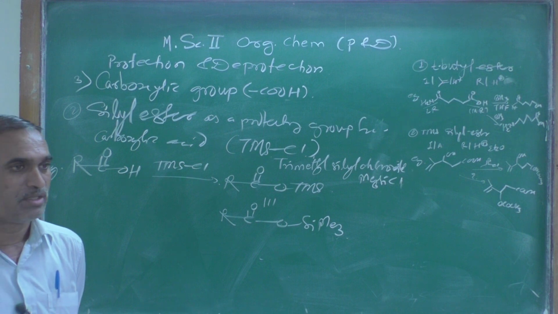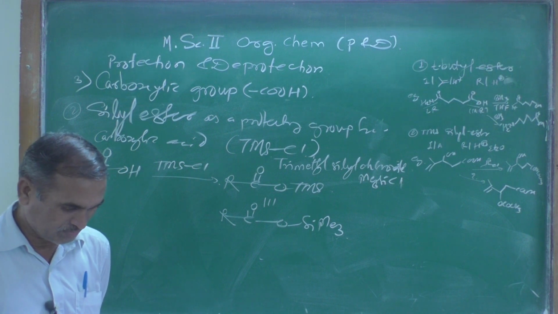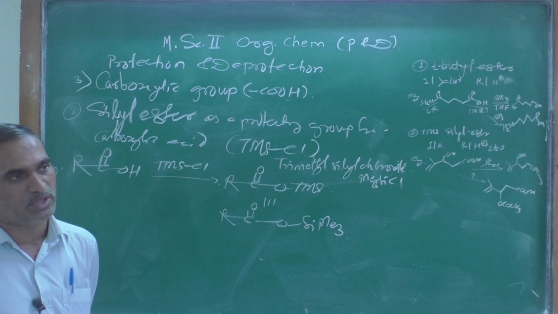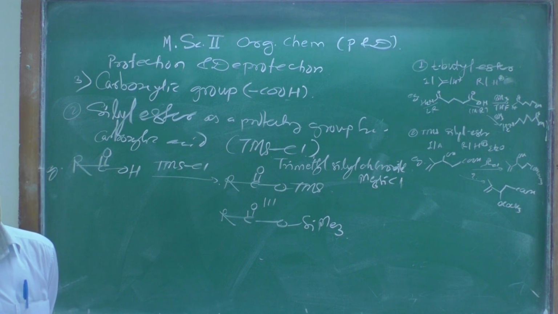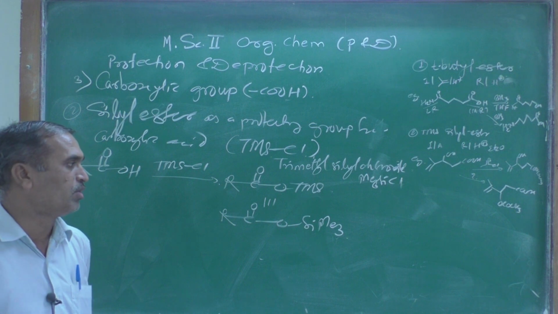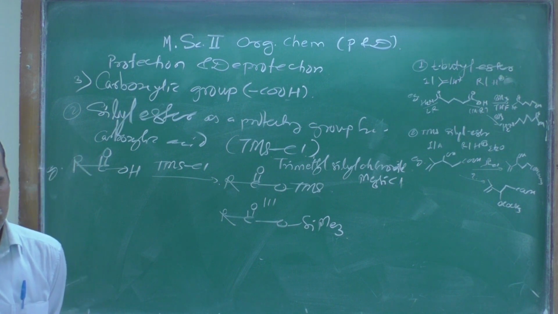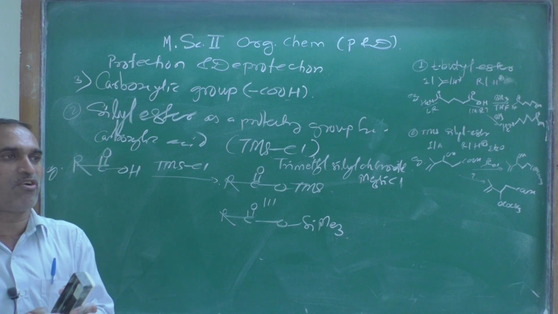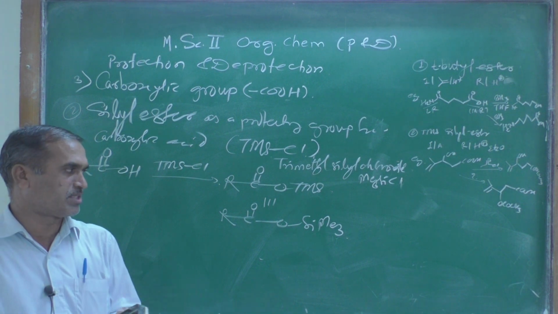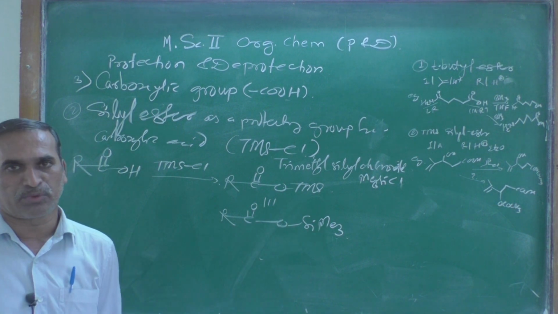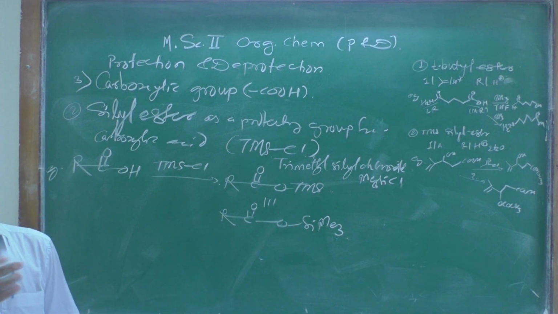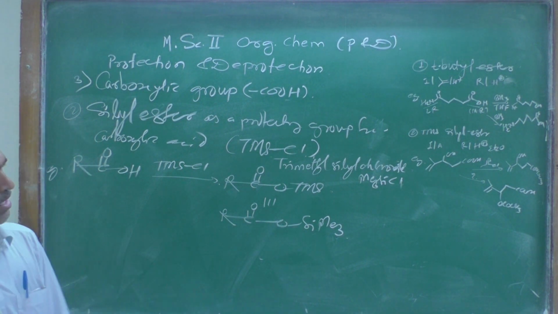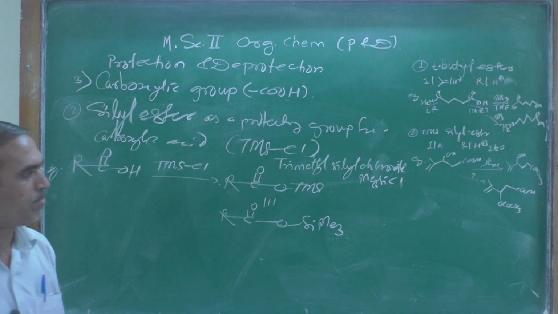As we know, silyl deprotection can be carried out using tetrabutylammonium fluoride or potassium fluoride, because silicon has a great affinity toward fluorine. Fluorine and silicon have a great affinity, and that's why there is a driving force to deprotect this one. Or in an acidic condition also it gets cleaved very easily, and we will get the acid back.